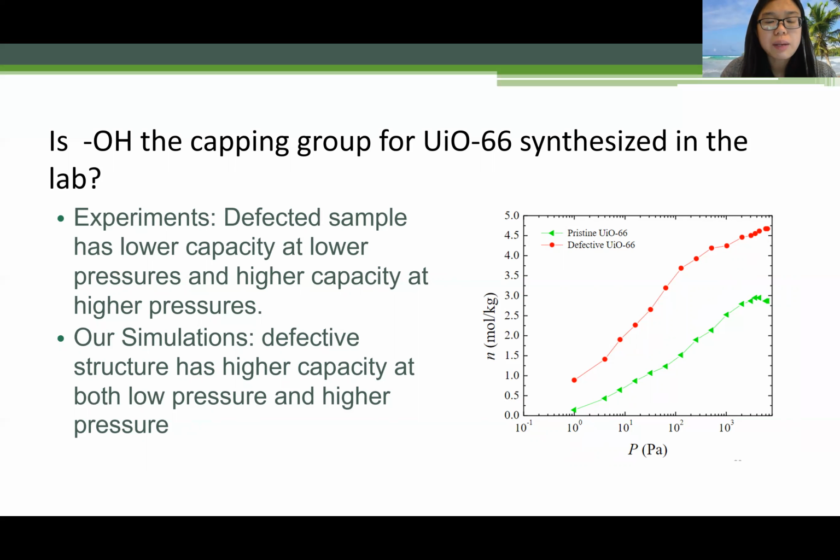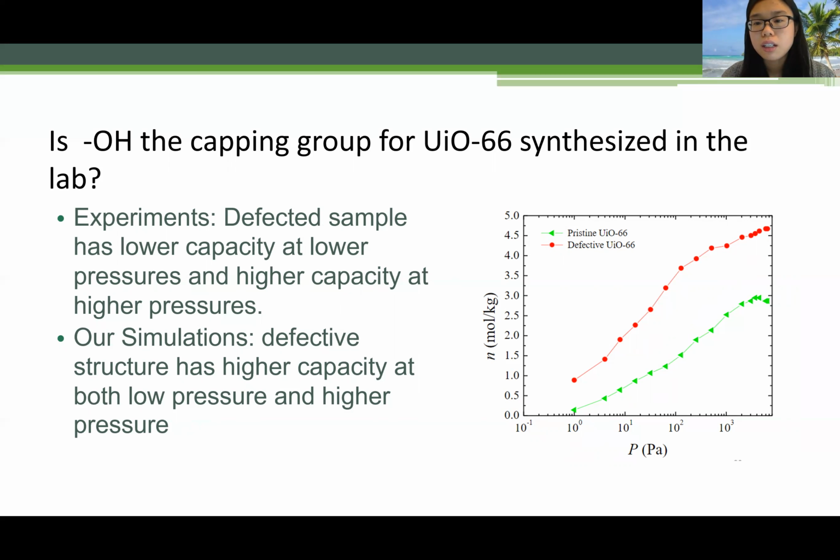Is OH the capping group for UiO-66 synthesized in the lab? Experimental results show that the defective sample has lower capacity at low pressure, but higher capacity at high pressure.